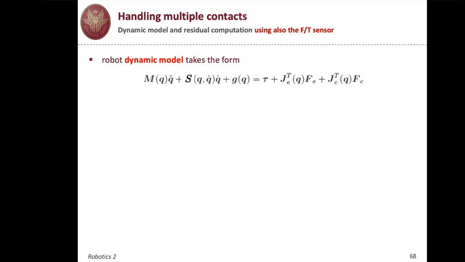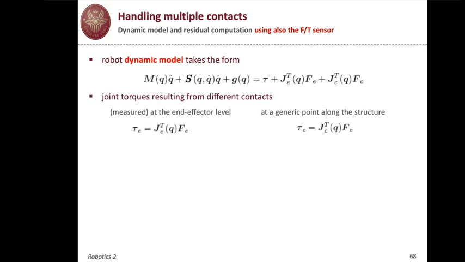On the right-hand side, we have the torque applied by the motor at the joint and two types of transformed forces, those applied to the end effector, which are the polishing forces, in a sense, and those coming from the fact that the human may contact the structure in a different point, which is before the force sensor. And these are called FC, and the contact Jacobian is JC. Now, these are the two natures.